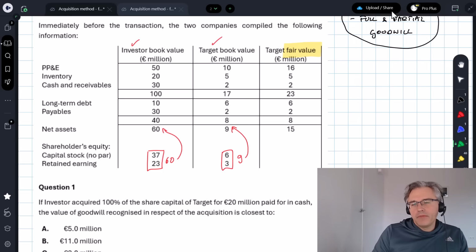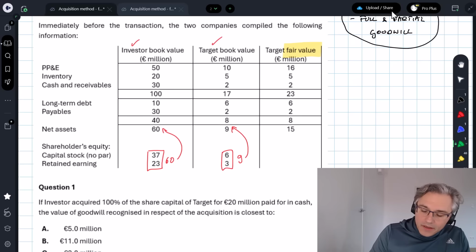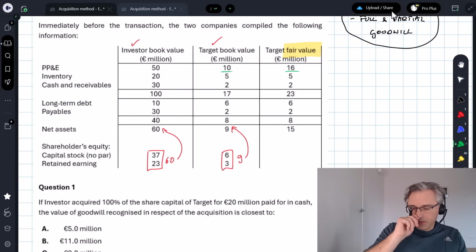We'll talk a little bit more about identifying assets and liabilities in the subsequent video, the next one, but please note that there is an important difference here with respect to property, plant and equipment. Its fair value is deemed to be higher than what the target company shows in its books, and that's absolutely normal.